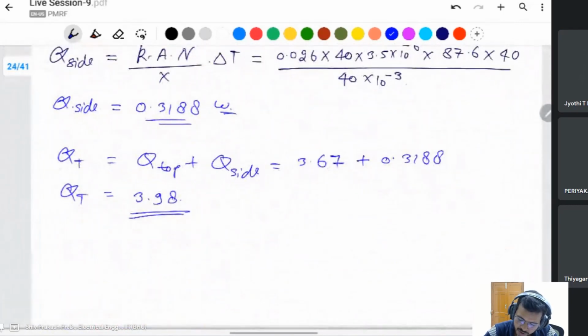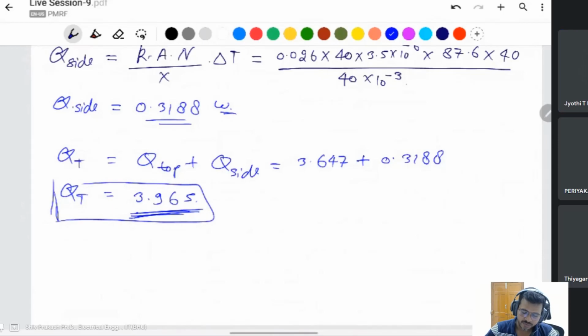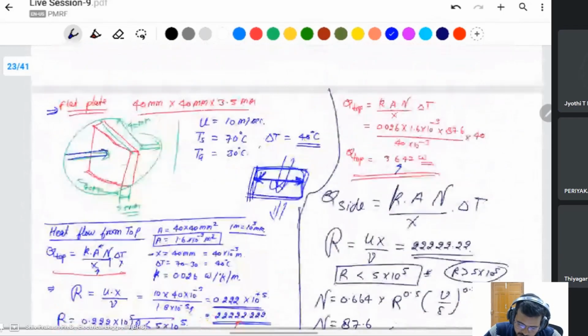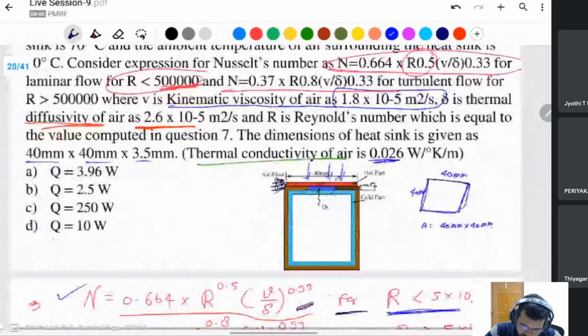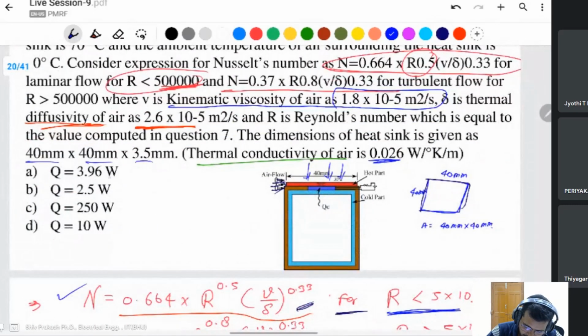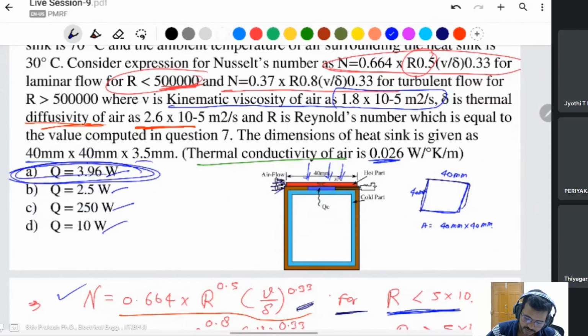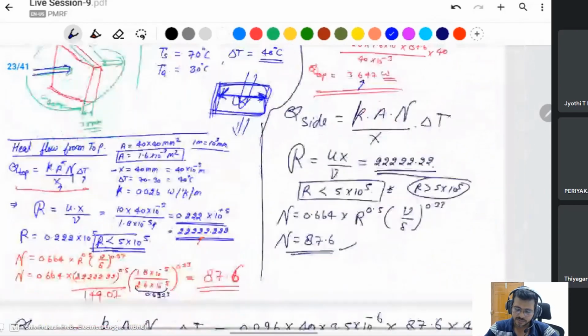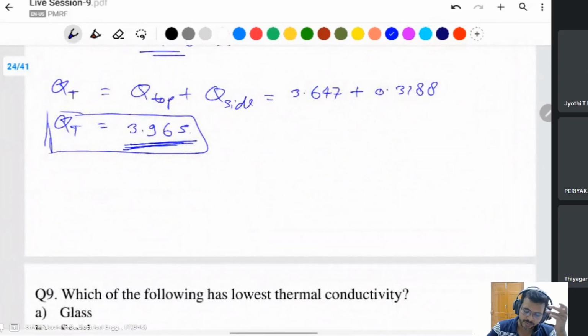Q top is 647. This will be changed, I think. It is 965. You can match it with the answer options. This is given as 3.96, 2.5, 250, 10, and this is the answer, 3.96. The total power is 3.965.